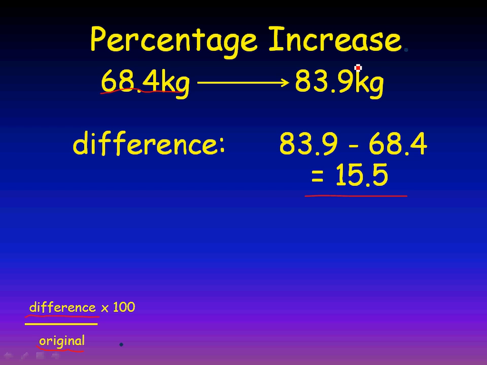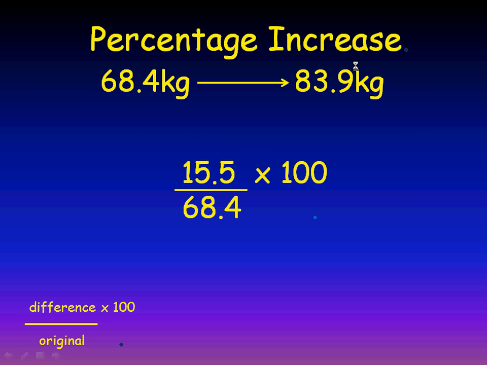All I've done here now is popped those values that I found, 15.5 for the difference and 68.4 for the original, back into my equation, which again you can see at the bottom of the screen. So instead of having difference, I've got 15.5, and instead of having original, I've got 68.4. And again, we multiply that by 100 to find it as a percentage.